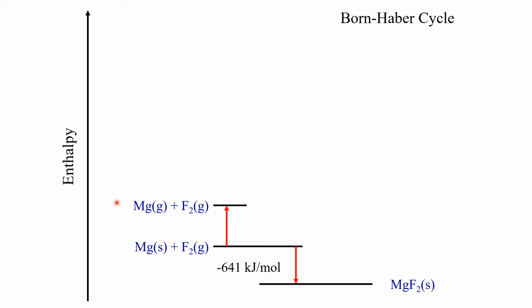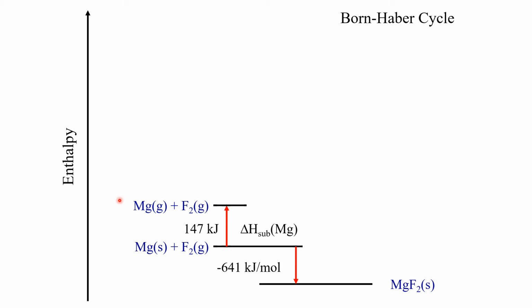Energy is required to melt and then vaporize it. Going from solid to gas is sublimation, so you would look up again in a table the enthalpy of sublimation of magnesium. And that table will tell you that it is 147 kilojoules per mole of magnesium. All right, so we put in 147 kilojoules per mole. We have vaporized, or sublimated, we'll say, the magnesium.